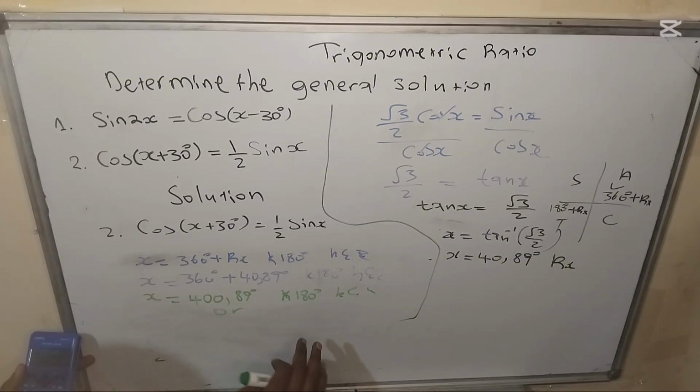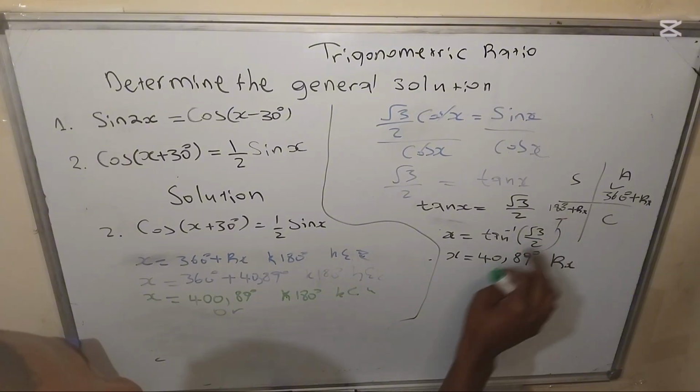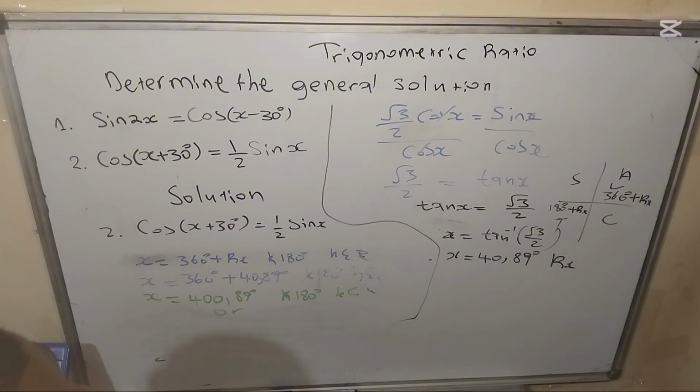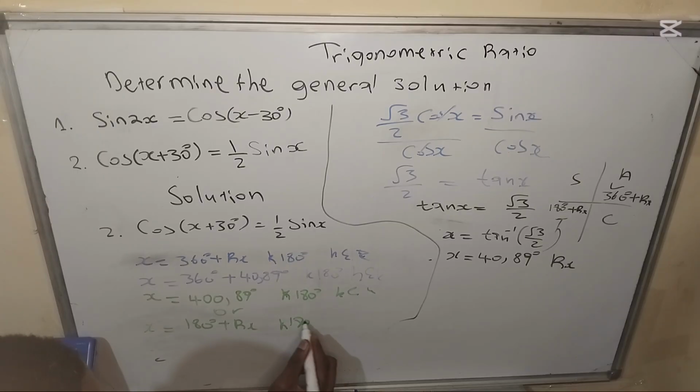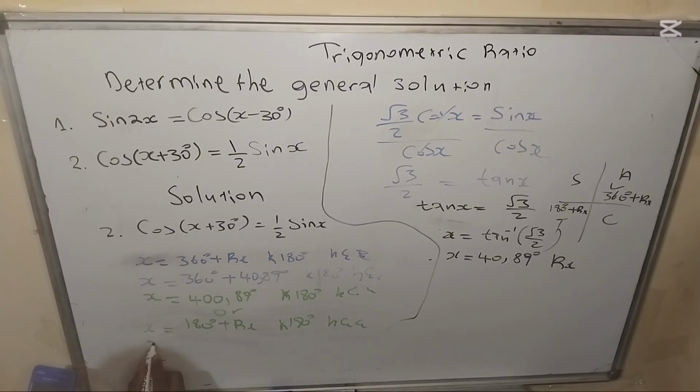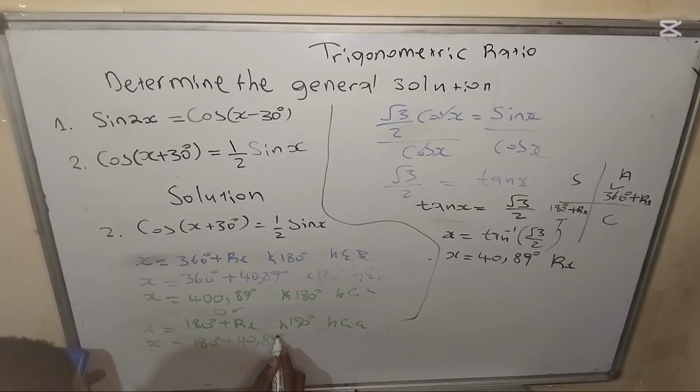Or for x, let's go for the reduction formula that is found in the third quadrant. We have x equal to 180 degrees plus reference angle plus k 180 degrees, k is an element of z. Then our x is equal to 180 degrees plus reference angle, which is 40,89 degrees, plus k 180 degrees, k is an element of z.